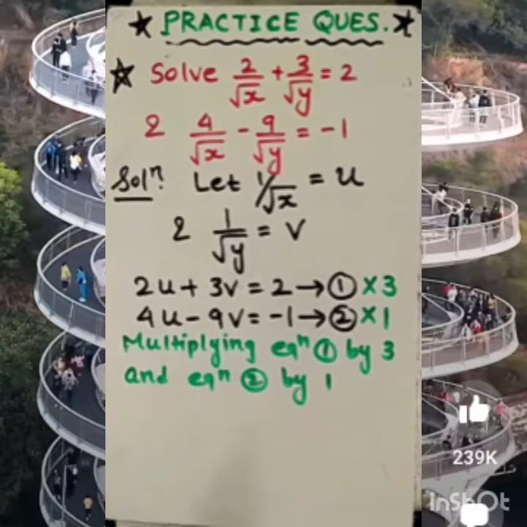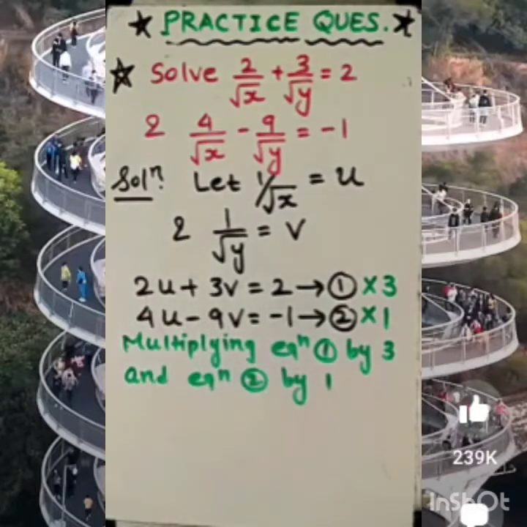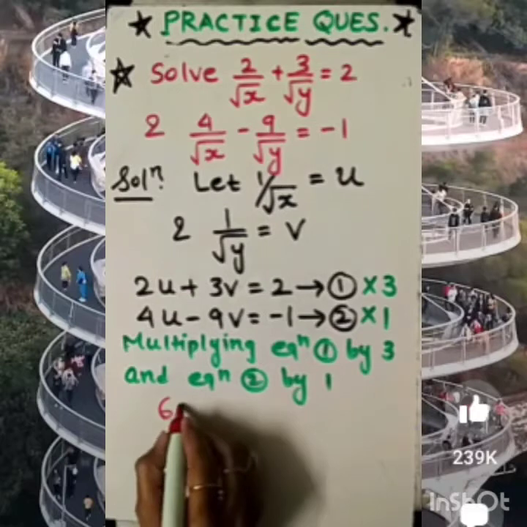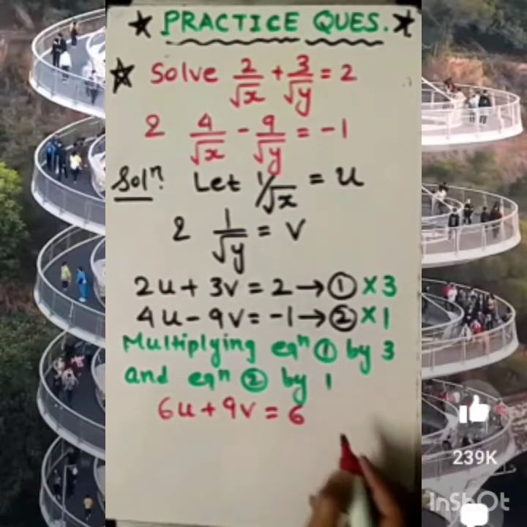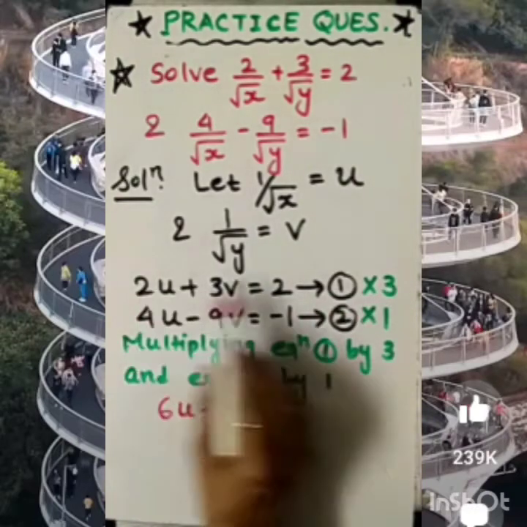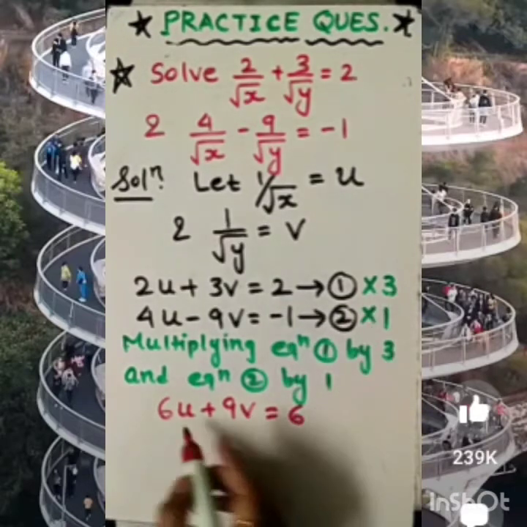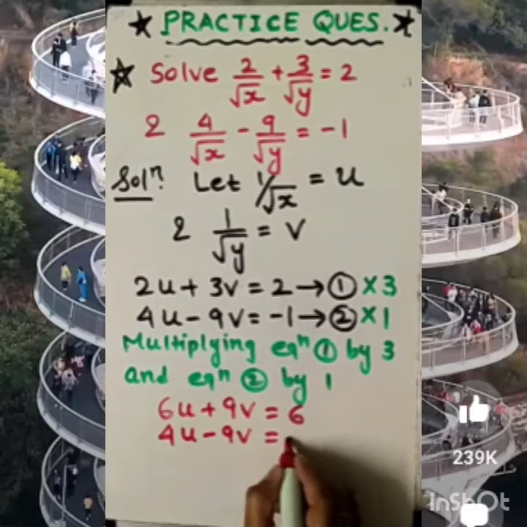So let's move with that. The next step will be, if I multiply this with 3, then I will have 3 2s are 6u, 3 3s are 9v, 3 2s are 6. Once again, 3 2s are 6u, 3 3s are 9v, 3 2s are 6. And of course this is with 1, so it will remain same.